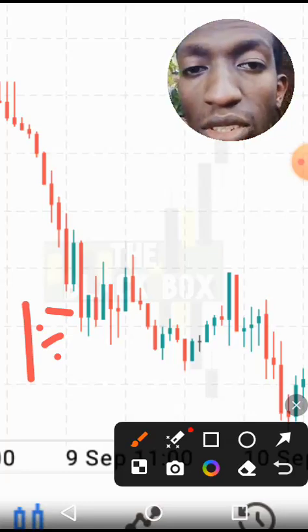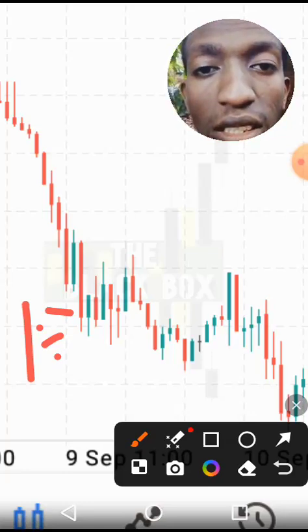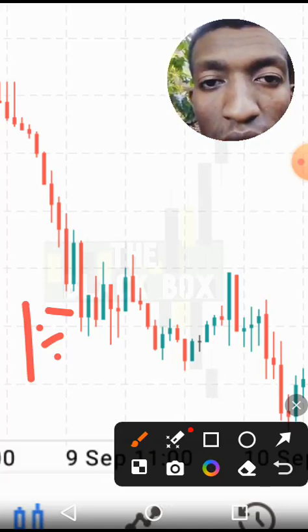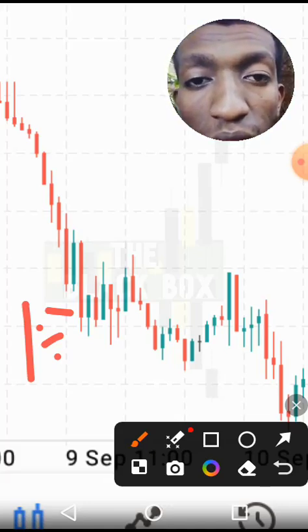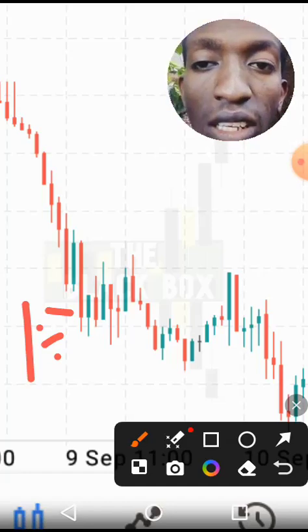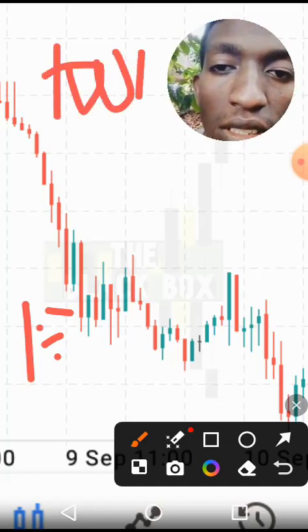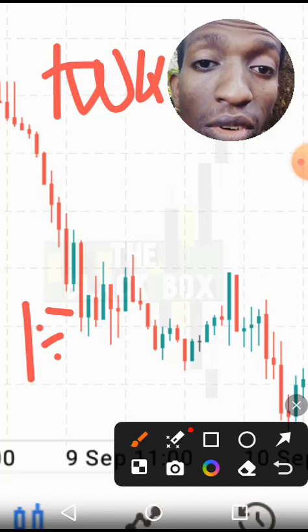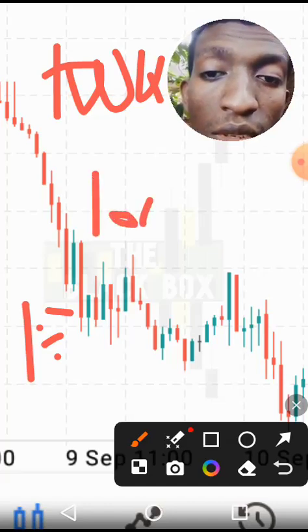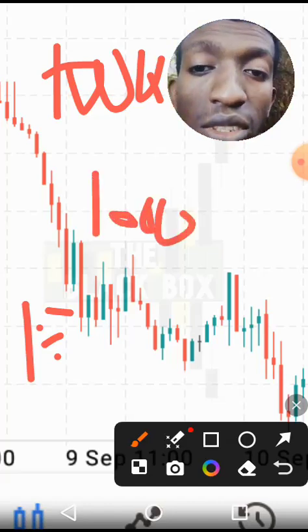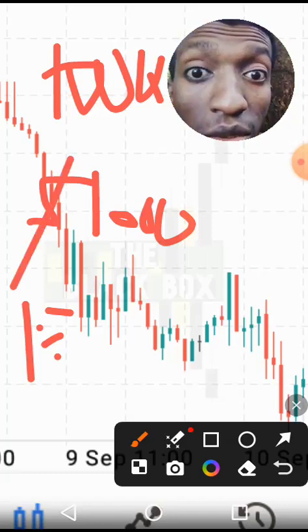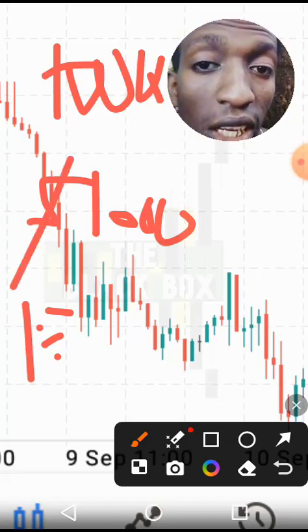Please don't let the low number deceive you. For a 100K account, that 1% is $1,000. It is no joke. 1% for 100K.